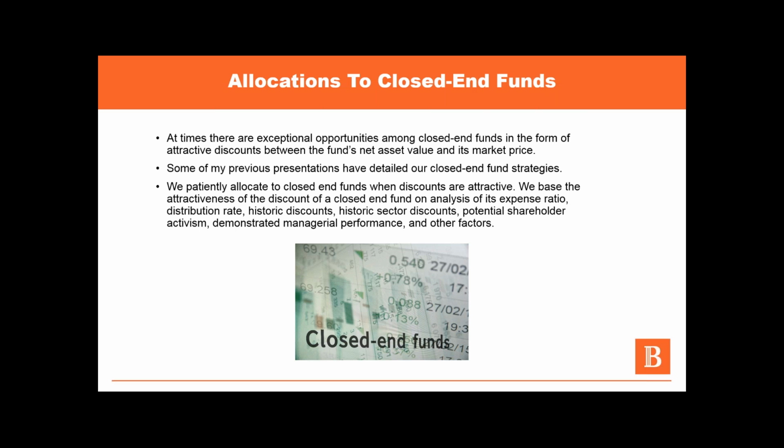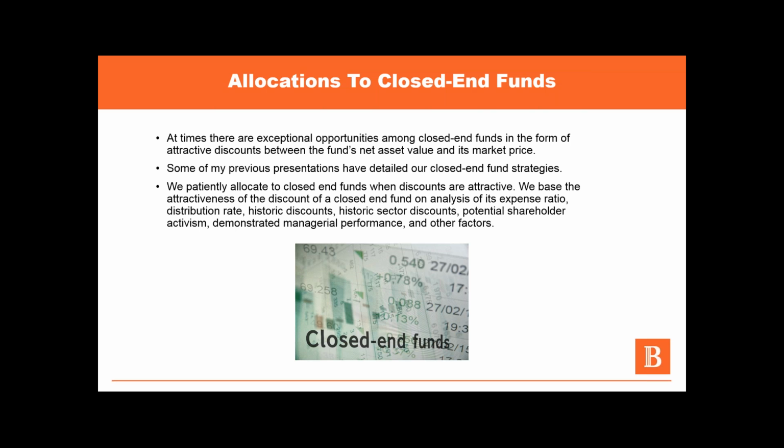There's also the question of what structure we use, whether we use exchange-traded funds or open-end funds or closed-end funds. And the answer is going to vary based upon, once again, this trade-off between the search for alpha, superior returns, and concerns about expense ratios and transaction fees.